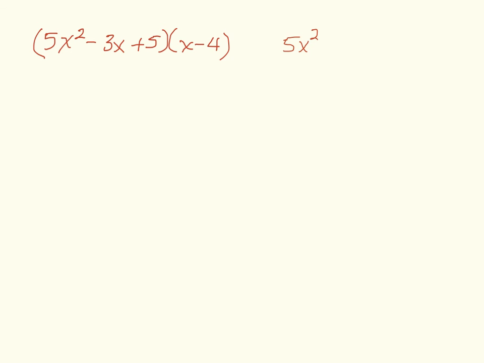5x squared minus 3x plus 5 times x minus 4. I'm going vertically. Okay, negative 4 times 5 is negative 20. Negative 4 times negative 3x is plus 12x. Negative 4 times 5x squared is negative 20x squared.